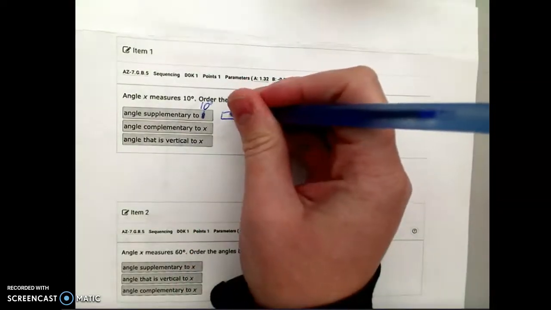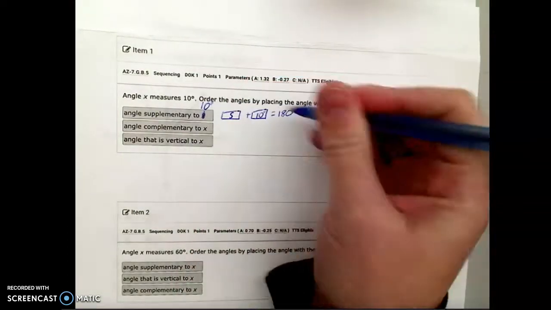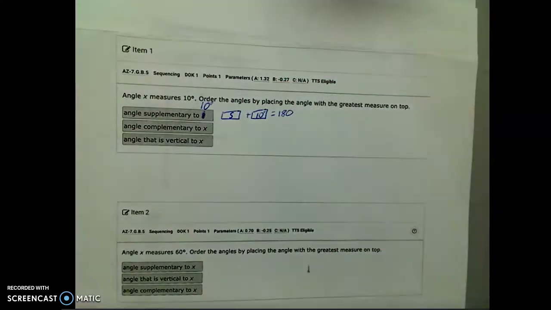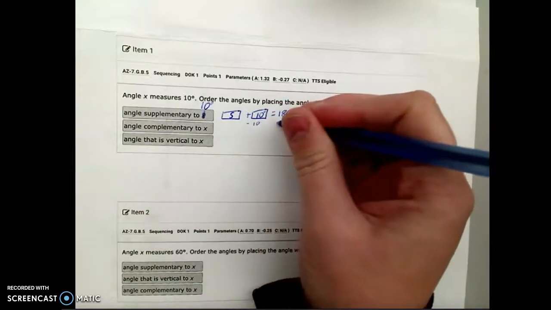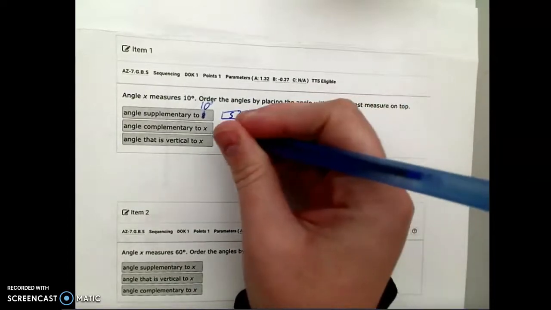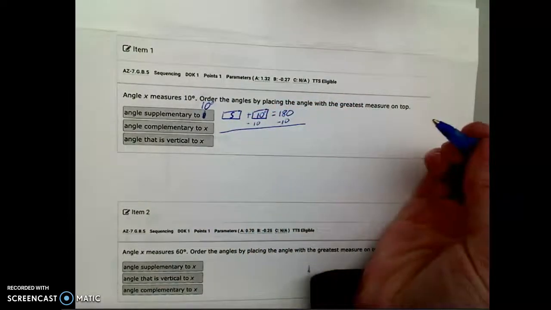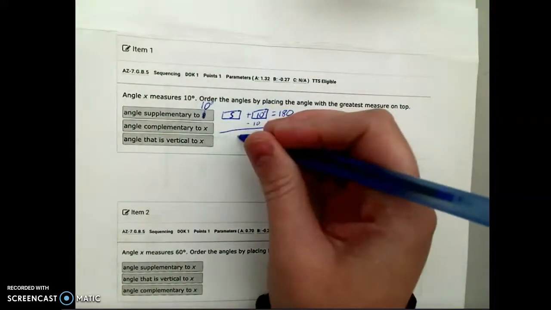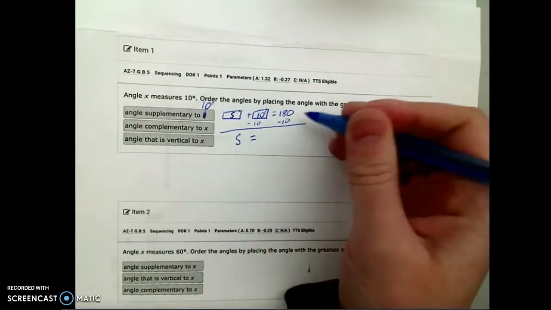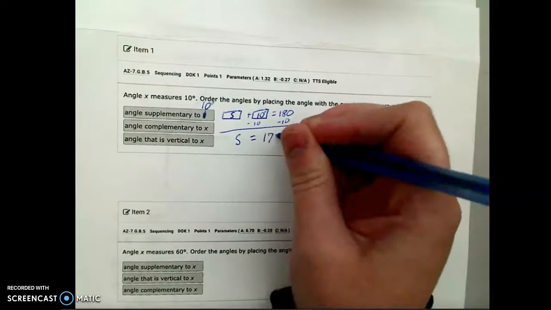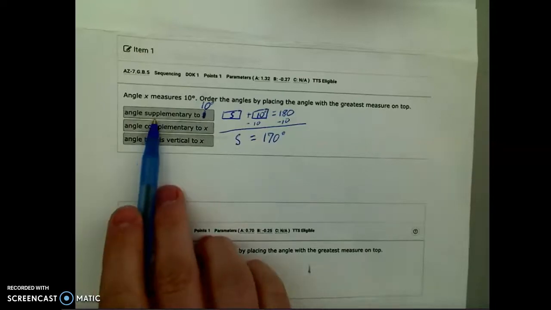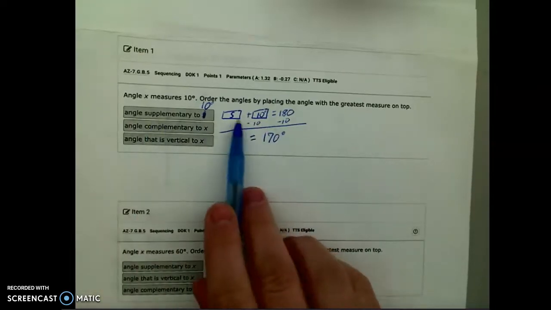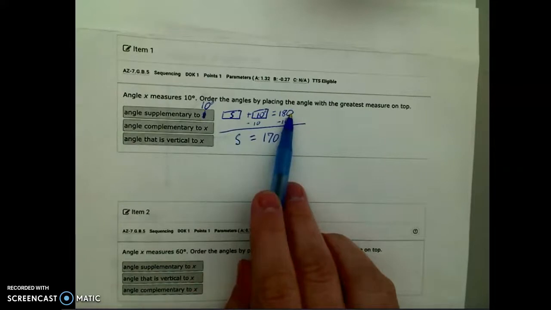Some angle plus 10 is going to equal 180. Well, if I solve this equation and minus 10 on both sides, I get the supplementary angle is 170 degrees. Okay, that was easy as long as you remember that supplementary angles add up to 180.